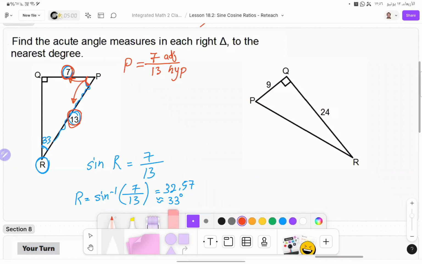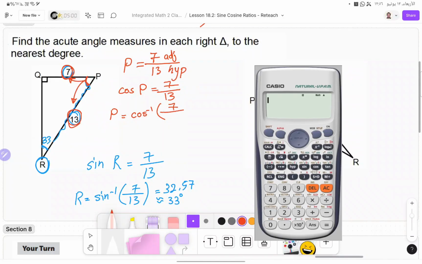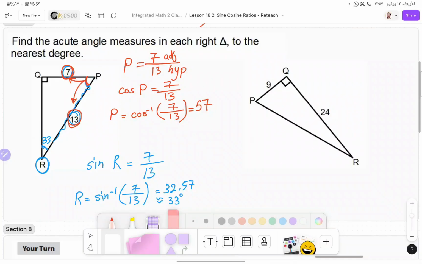I can use cosine. So cosine P is equal to 7 over 13. Then to find P I have to use the inverse of cosine. Inverse cosine of 7 over 13 in the calculator is equal to 57.4. I hope you understand this.